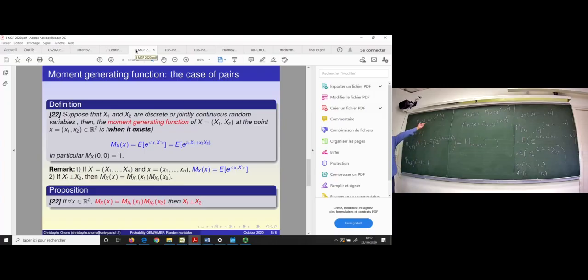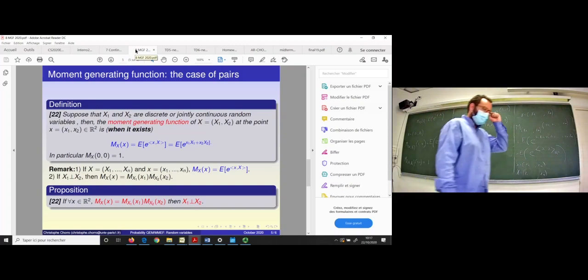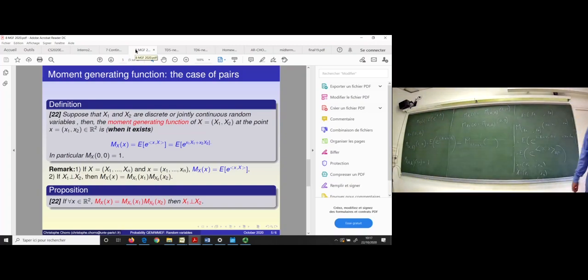Have in mind the definition. I have nothing about independence for the moment.